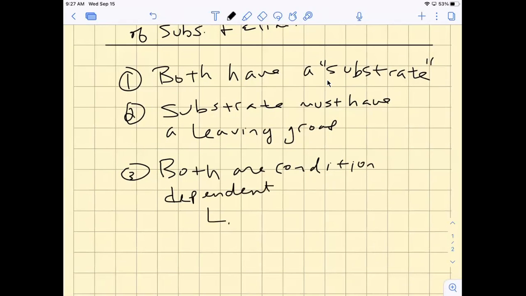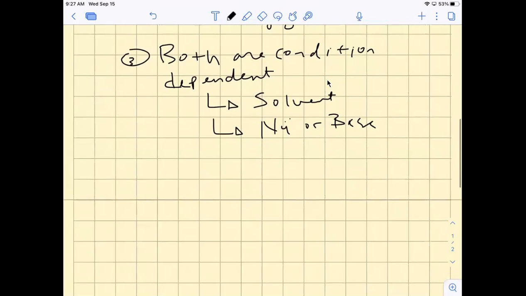And by conditions, I mean like the type of solvent, the type of nucleophile or base, and the type of substrate, right?